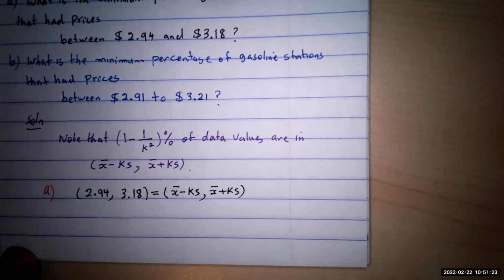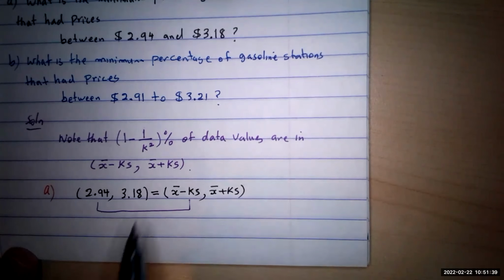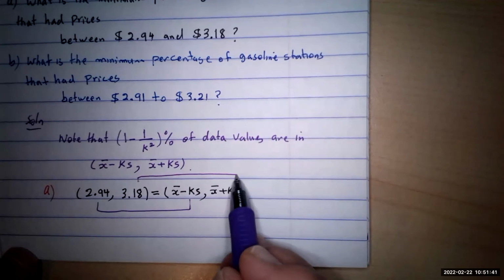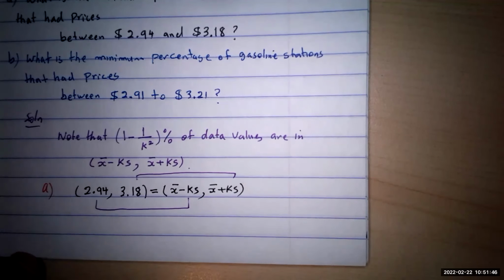Now these are two ordered pairs. When they are equal to each other, their corresponding components must be equal. So these two must be equal to each other, and also these two. We just pick one of them and get the result right away, because you want to find K. A different way is to subtract and divide by S, but this is the easy one.